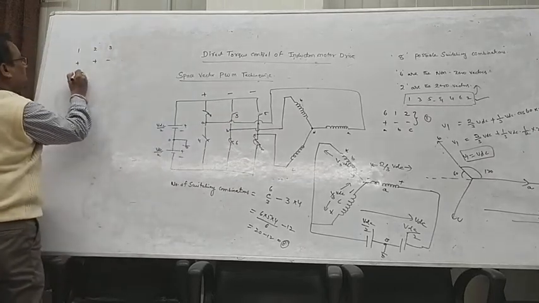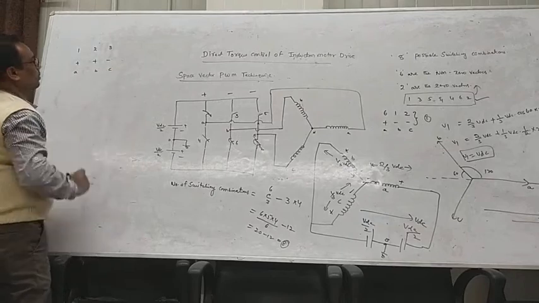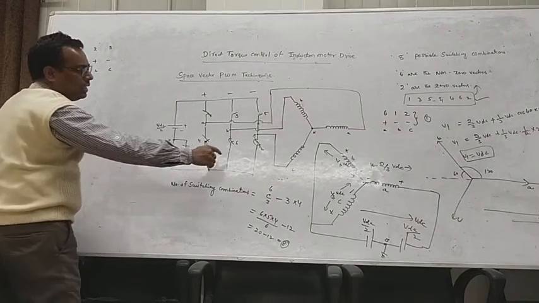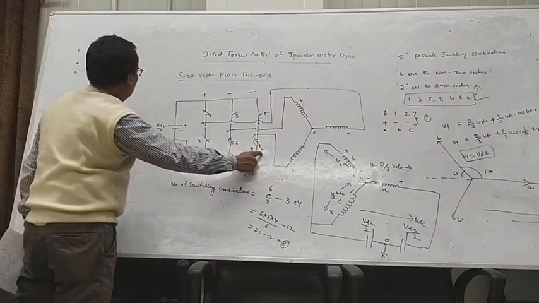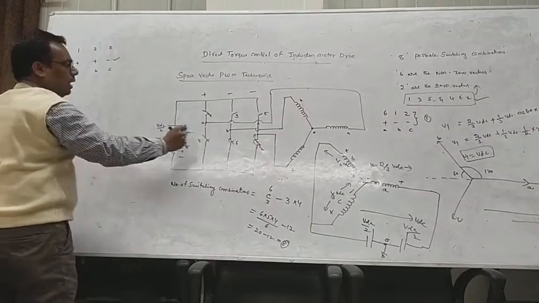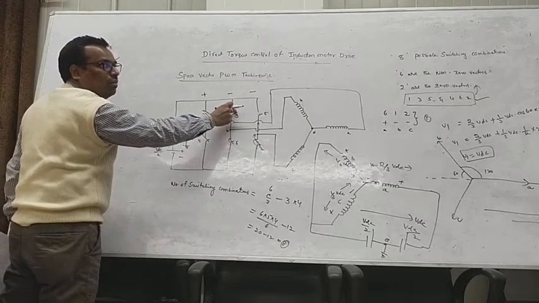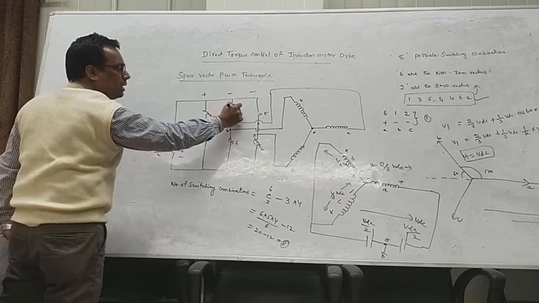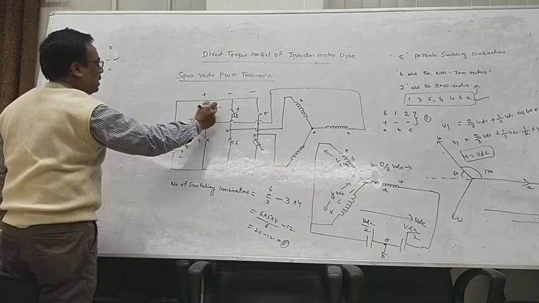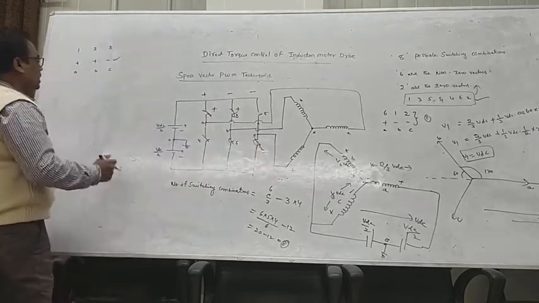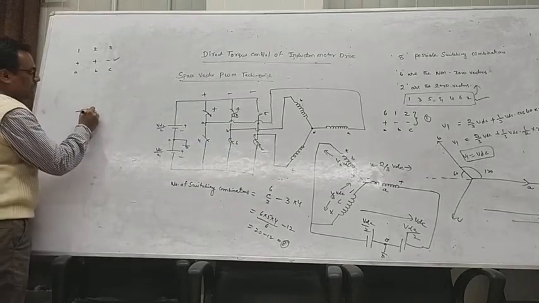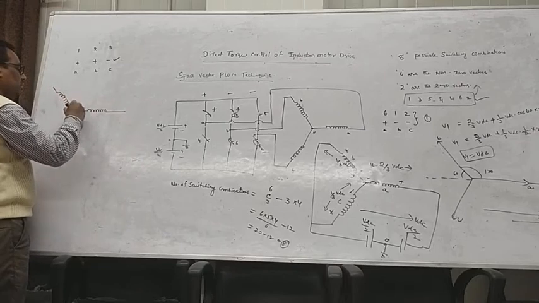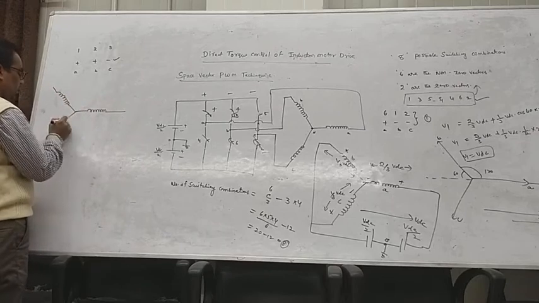So this is A phase, B phase, and C phase. C phase is the 2 here, the bottom group, negative. And 3 is in the B phase, the positive group. This is turned on, so this is plus. This is also first, A phase plus. This is minus. So let us see, this is A phase, B phase, and C phase.